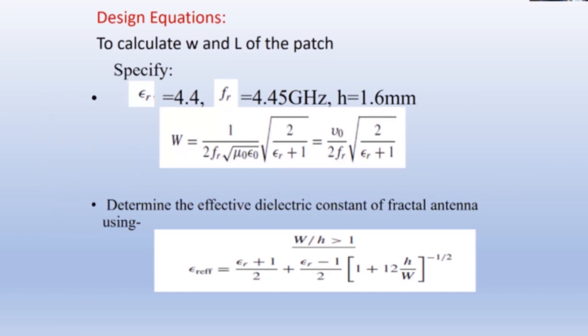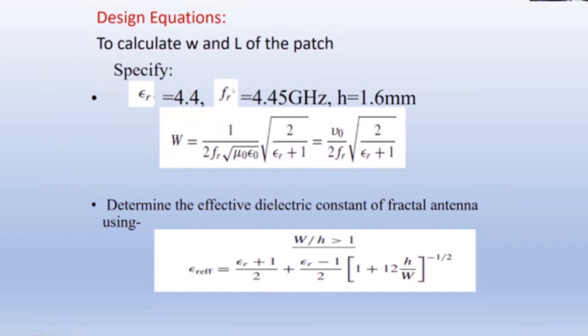So to design a patch, we have to calculate the length and width of the radiating patch. There are some basic formulas to calculate the width and length of the patch. These are the formulas. Before that, we have to decide the resonating frequency at which my antenna will radiate.